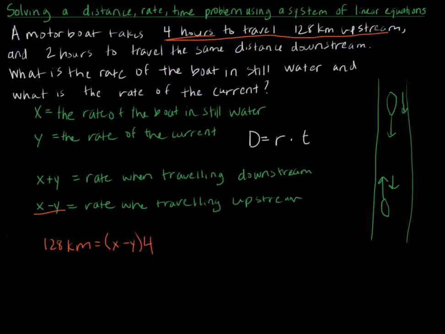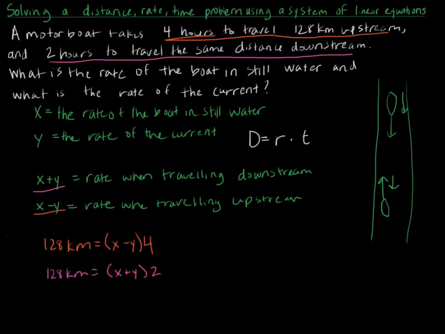The other equation is going to be 2 hours to travel the same distance downstream. So downstream is going to be x plus y. The distance is going to be the same, 128 kilometers. And the time is going to be 2.